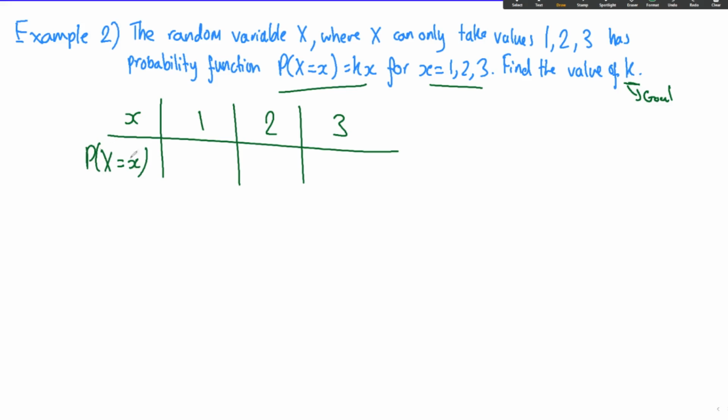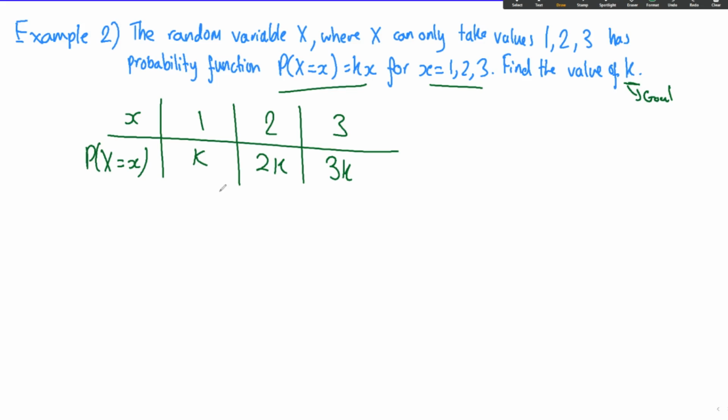So let's figure out what it'll be. When x is 1, kx will be just k, because x is equal to 1. When x is 2, then we'll have 2k. And finally, when x is 3, we'll have 3k. All I've done is substitute the value of x into the probability function.